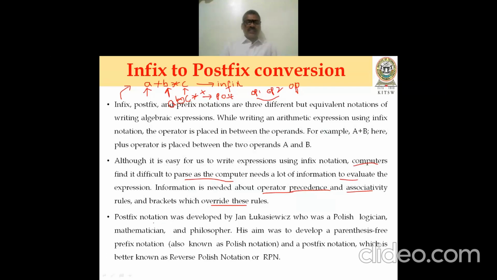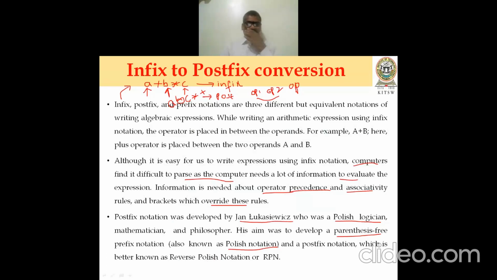So the postfix notation was developed by John Lukasiewicz, who was a Polish logician, mathematician and philosopher. His aim was to develop a parenthesis-free prefix notation known as Polish notation.